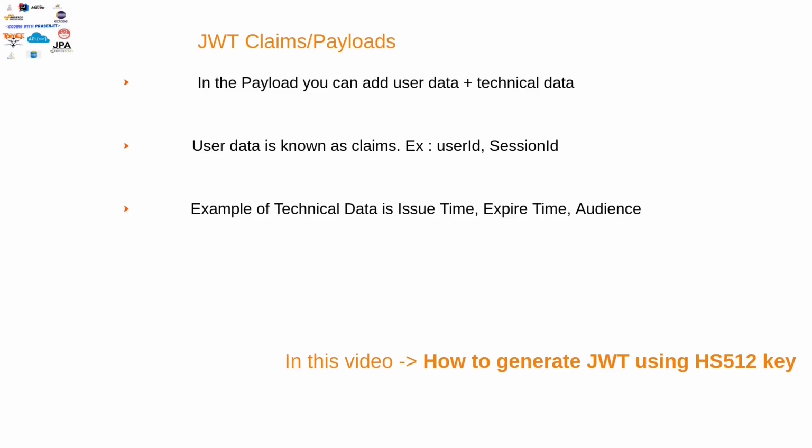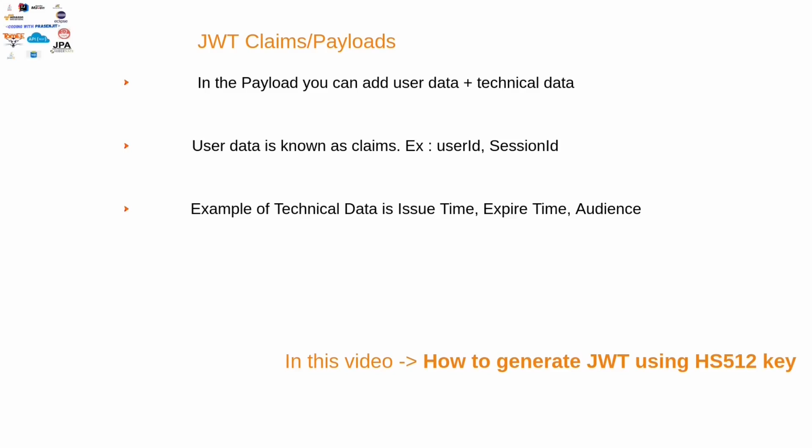Basically user data is known as claims, that is user ID, session ID, and examples of technical data are the issue time, expire time, and audience. Audience means the identifier of the project which is generating the token, and there are many other things also.